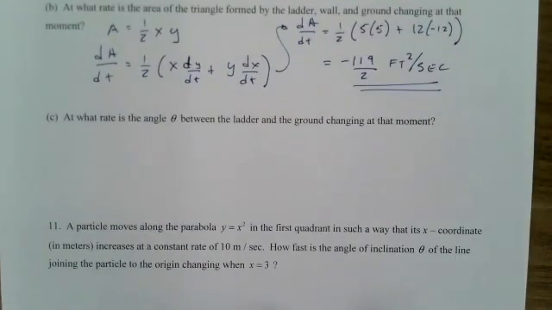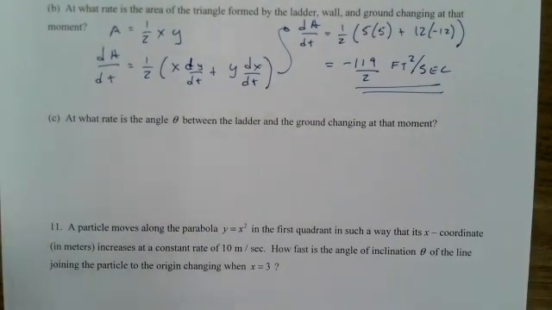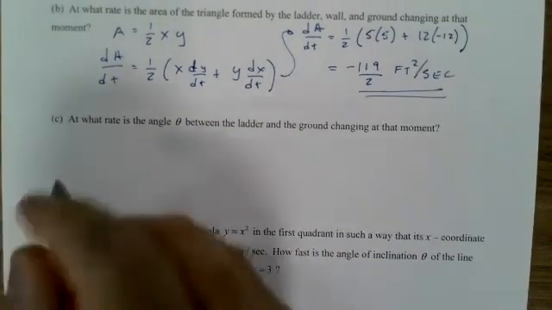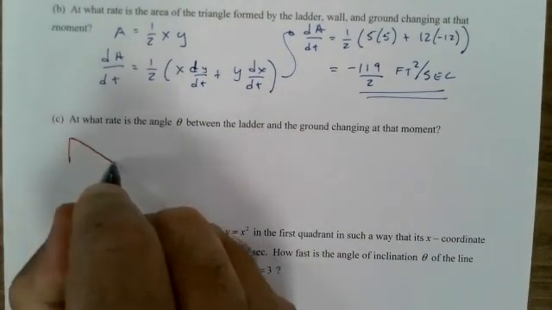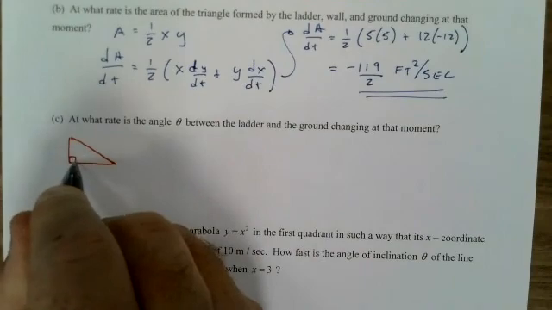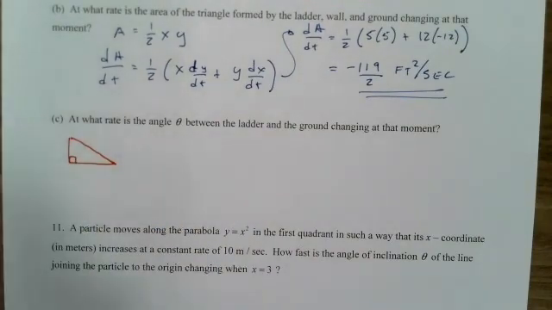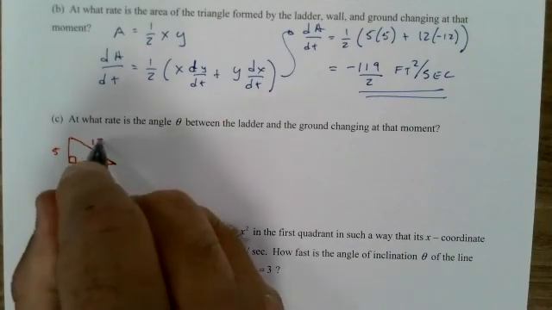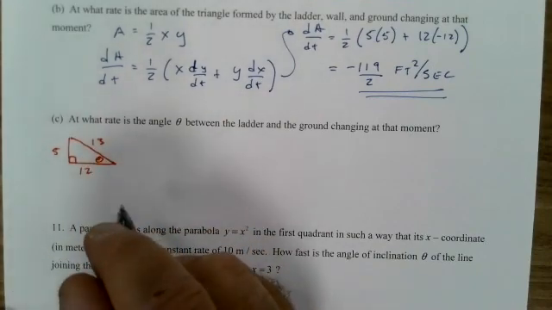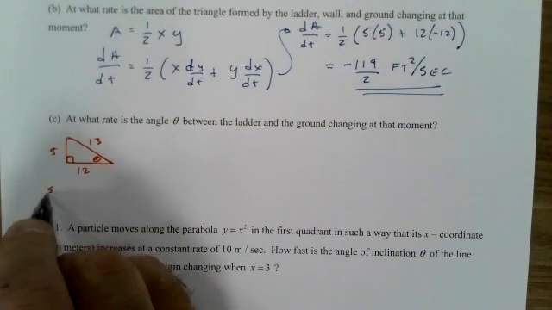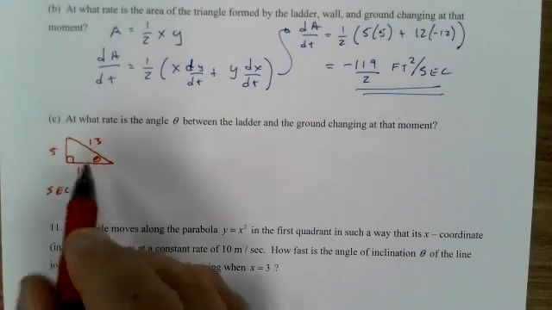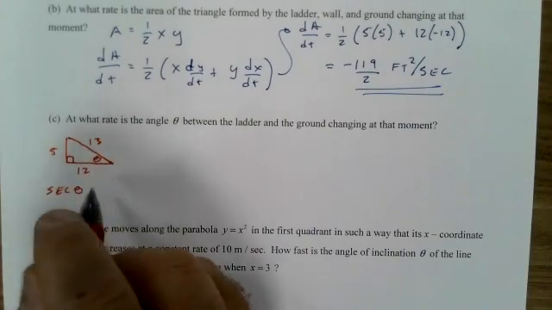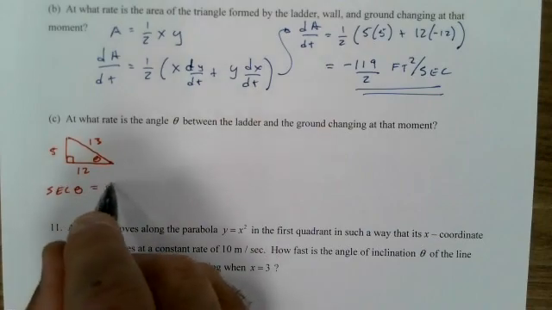And what rate is the angle between the ladder and the ground changing at that moment? So let's redraw our triangle. I'm going to have to go with tangent because the things that are moving are in the tangent world. So for future reference, cosine is adjacent over hypotenuse, secant is 13 over 12.